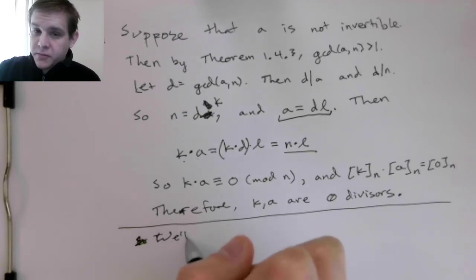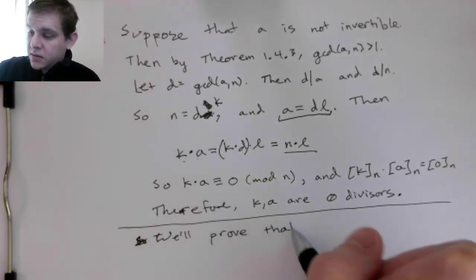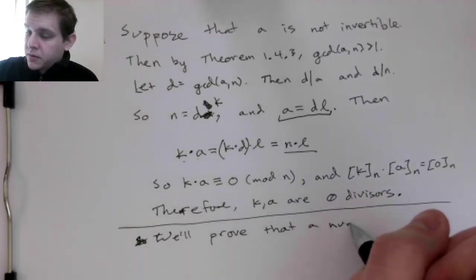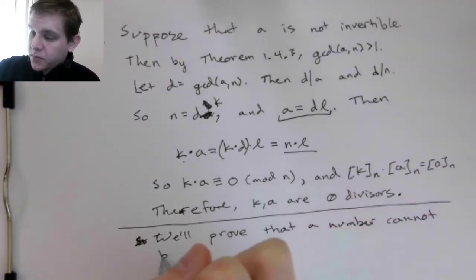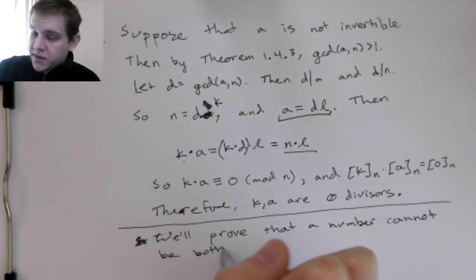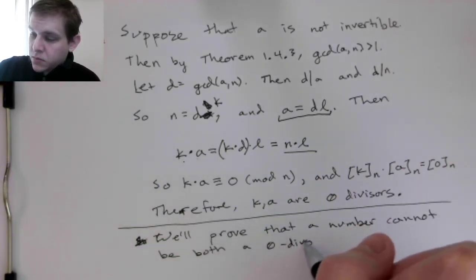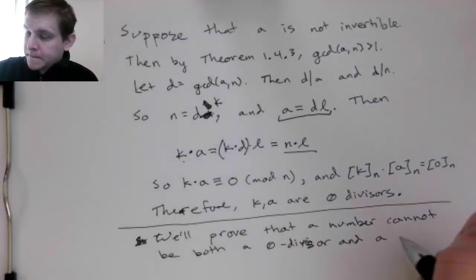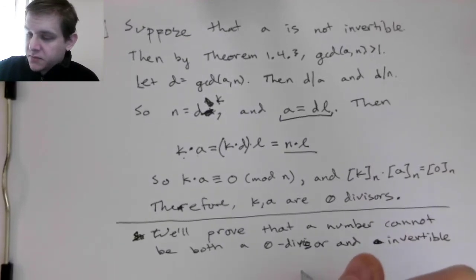So we'll prove that a number cannot be both a zero divisor and invertible by contradiction.